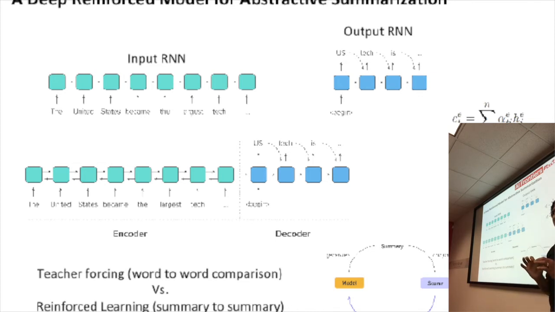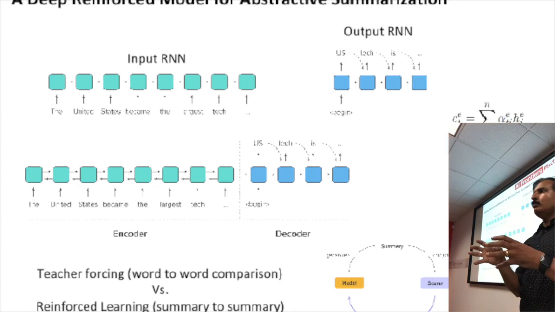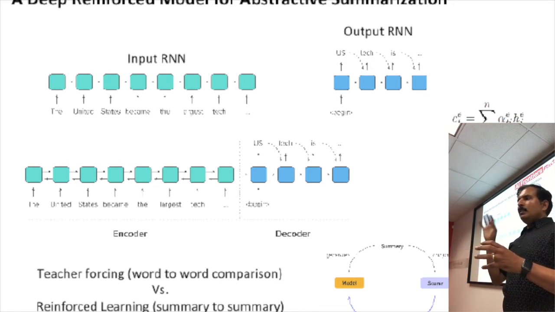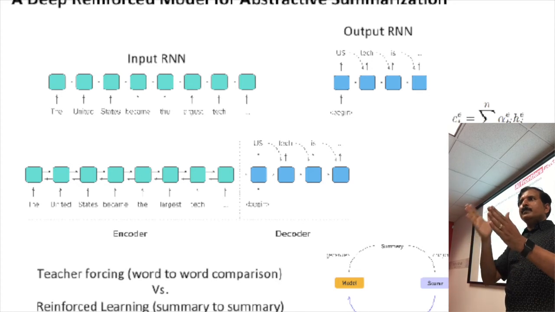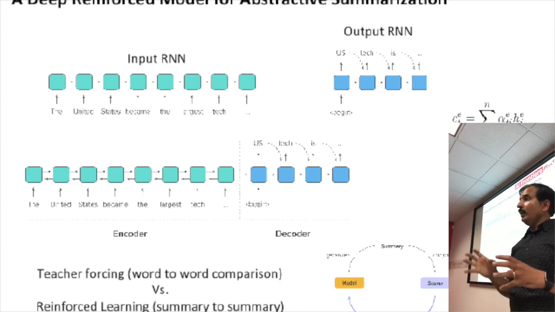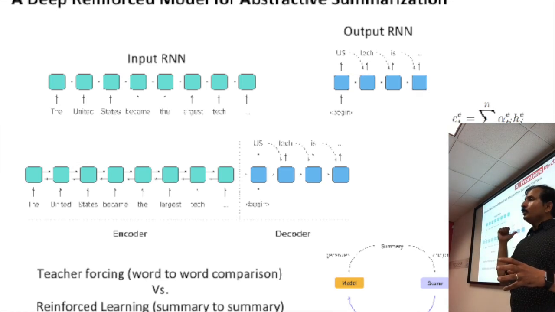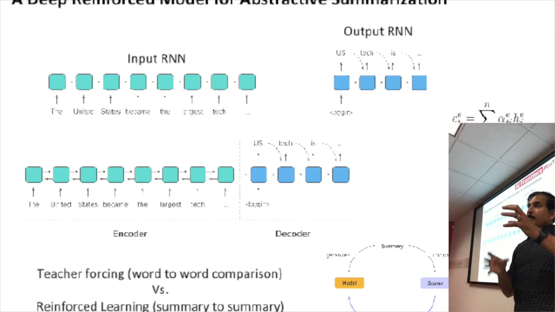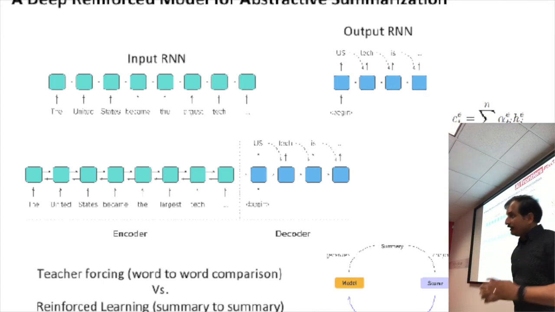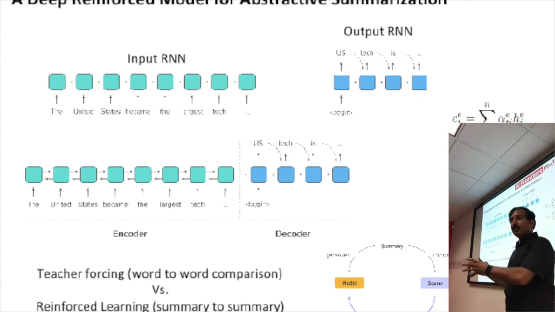So this is the newer invention. Till now, in an encoder and decoder model with attention, the dynamic hidden states from the encoder only were being considered. Now, to enhance the accuracy of summarization, the dynamic hidden states of the encoder plus the dynamic hidden states of the decoder at any timestamp t are being considered for a more effective comparison of the summary generated by the model against the ground truth.